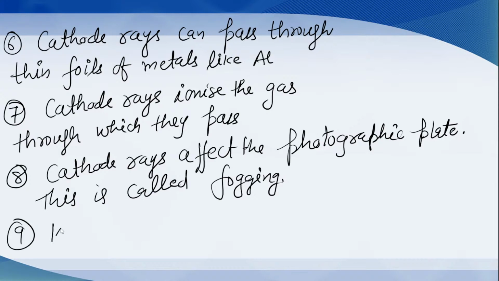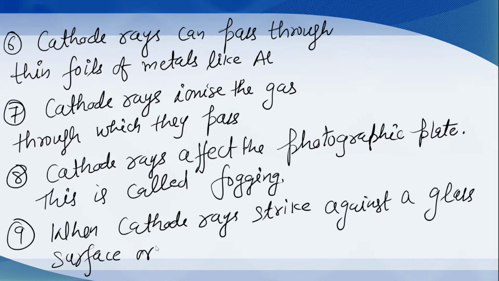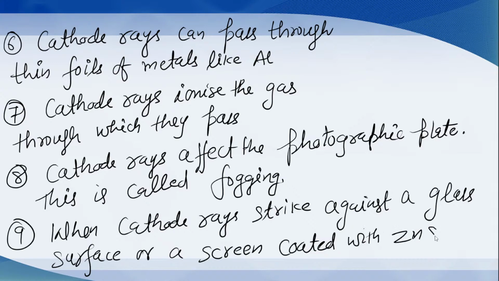When cathode rays strike against the glass surface or a screen coated with zinc sulfide, because zinc sulfide is a fluorescent material, they produce fluorescence.